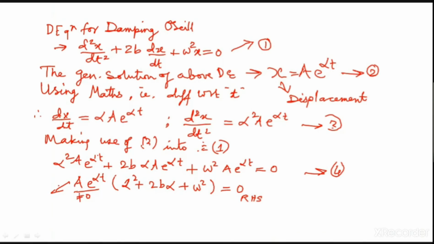Because if x becomes 0, equation 2 straight away becomes 0. That is not possible. Therefore, the possibility is that alpha square plus 2b alpha plus omega square should be 0.